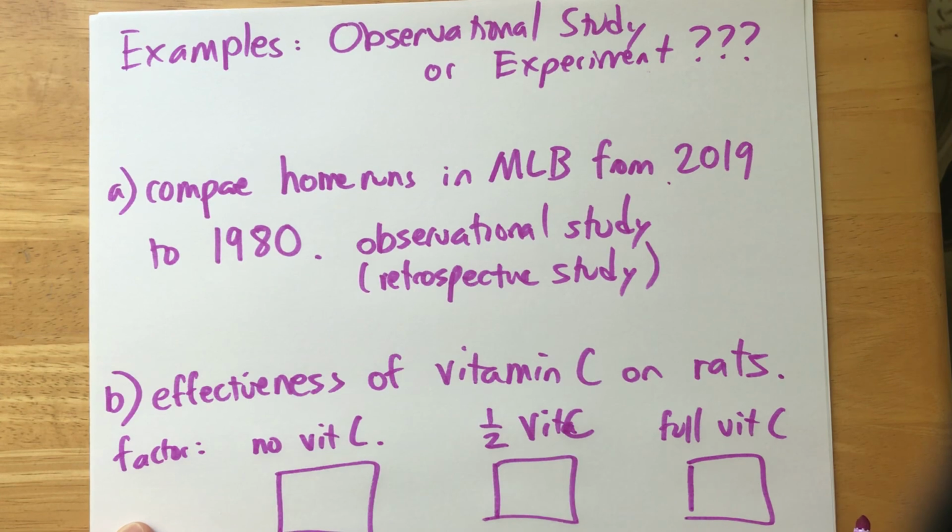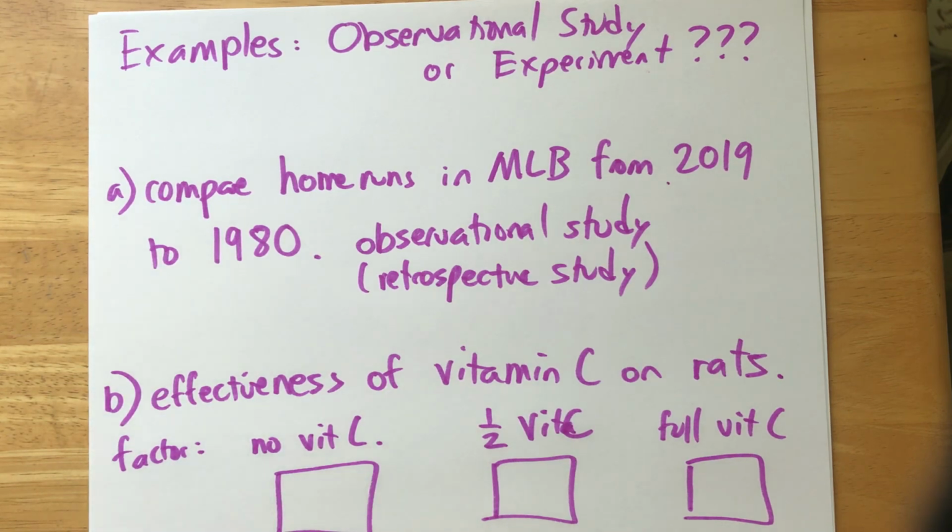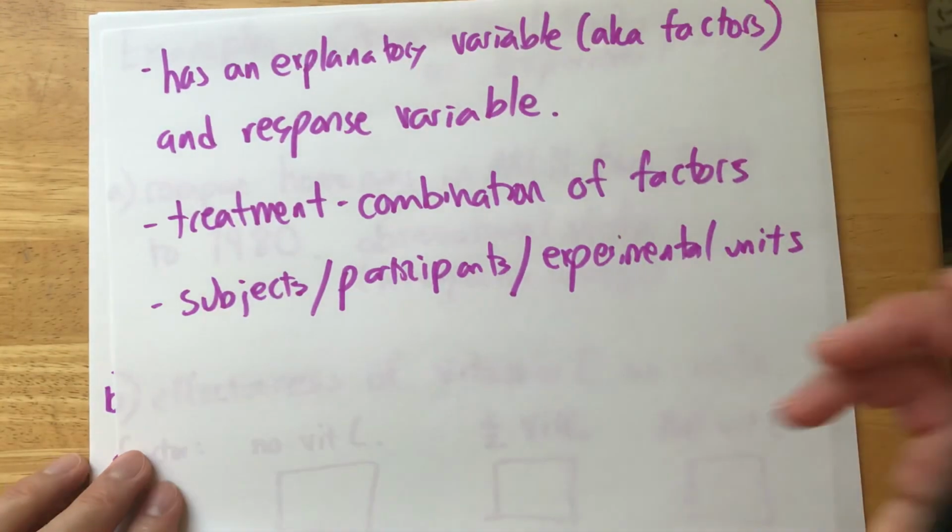And you're comparing. I'm guessing you're probably going to randomly assign the rats into each of these groups, and you're going to randomly decide who gets which of these factors. Okay? So a treatment, back to this idea of a treatment, right here.